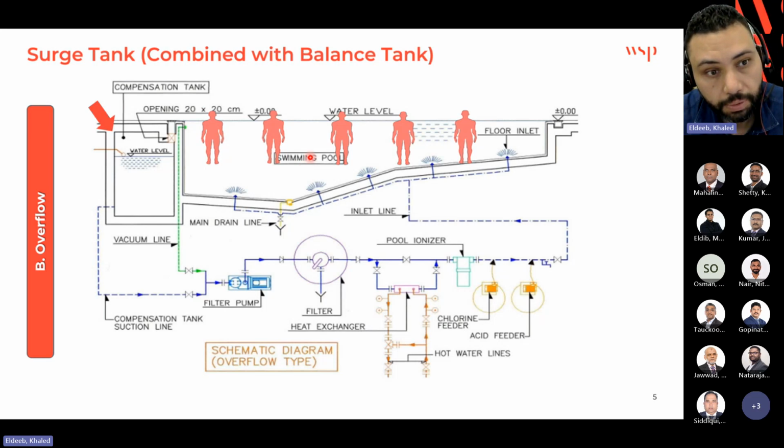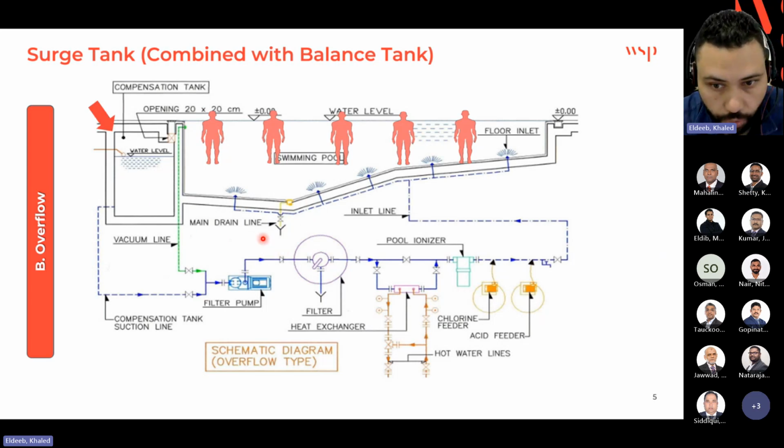This tank could be constructed like what we see here, integrated with the pool body, built into the pool structure itself and outside the pump room, or it could be a separate surge tank, a standalone tank located in the pump room, connected to the pool hydraulic system.